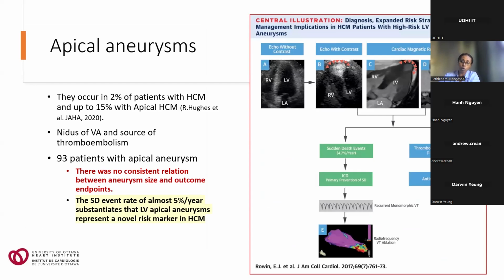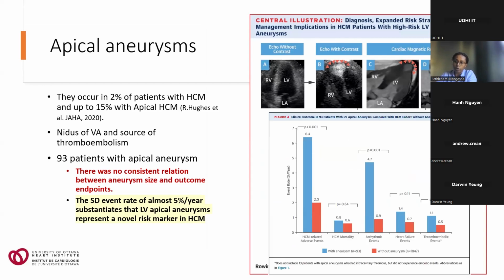Apical aneurysms are commonly seen in the apical HCM variant, and they can be a source of ventricular arrhythmia and thromboembolism. The 2017 publication by Rowin and colleagues is what put apical aneurysm on the map as an independent risk predictor. The main takeaway point from this study is that the event rate for patients with apical aneurysm was quite high, approaching almost 5% per year.